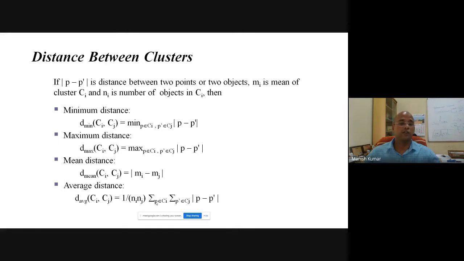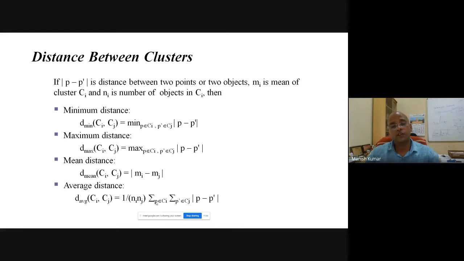Whereas in case of average distance, we take each point and its distance to all the points of the other cluster, and we take the average of those distances. That is the difference. Hope it is okay.